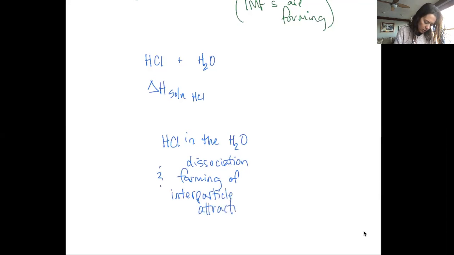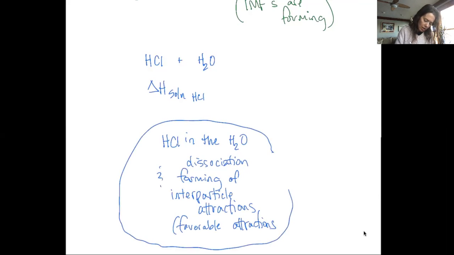And think about this. These are favorable attractions. So what are they going to do? They're going to give off energy. This right here is the system.